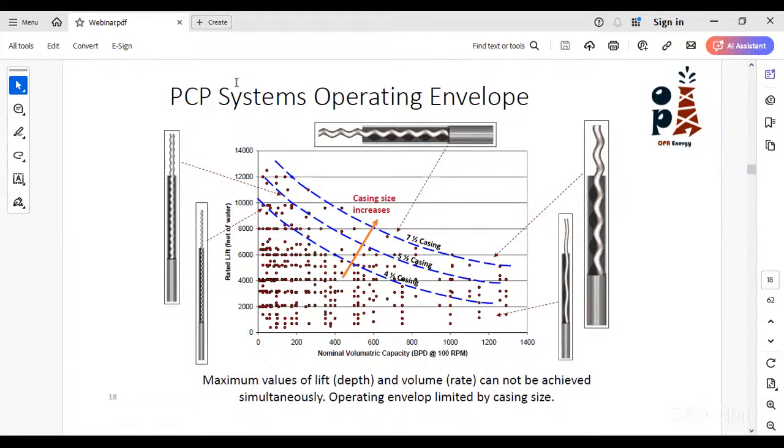The ESPCP is a combination between the PCP and the ESP. It resembles the PCP in the stages because the stages are PCP stages. You have a rotor inside that's running by a motor and a cable deployed, which resembles the ESP.